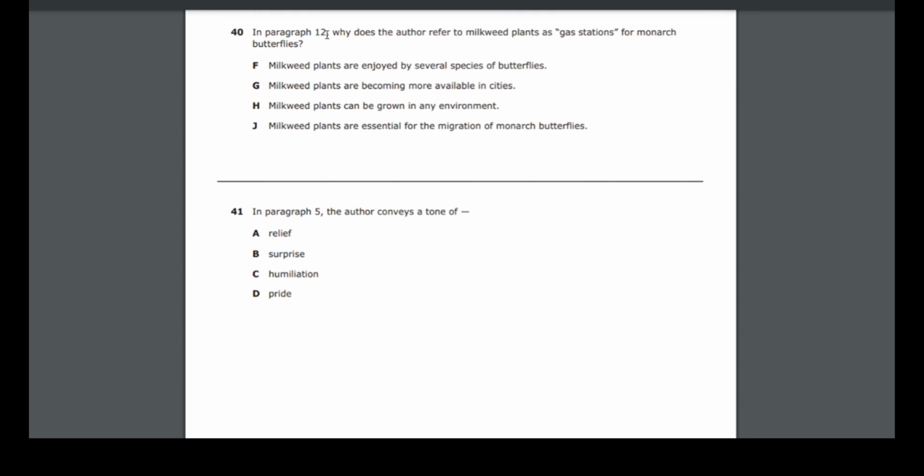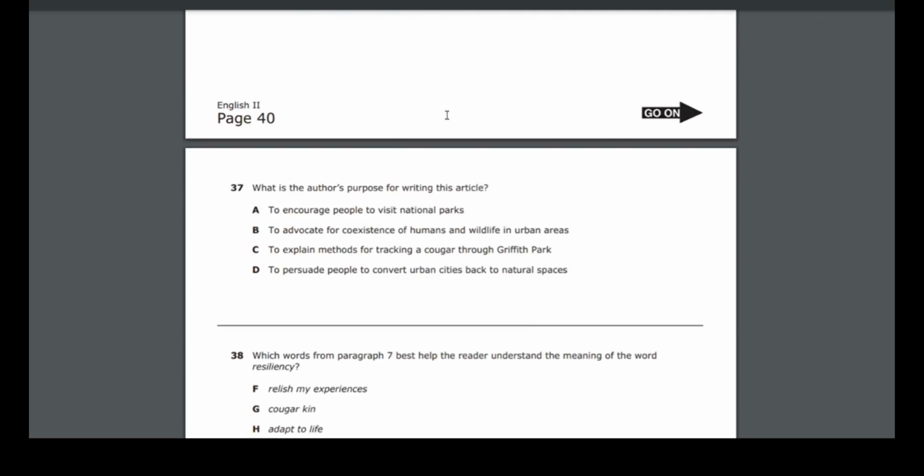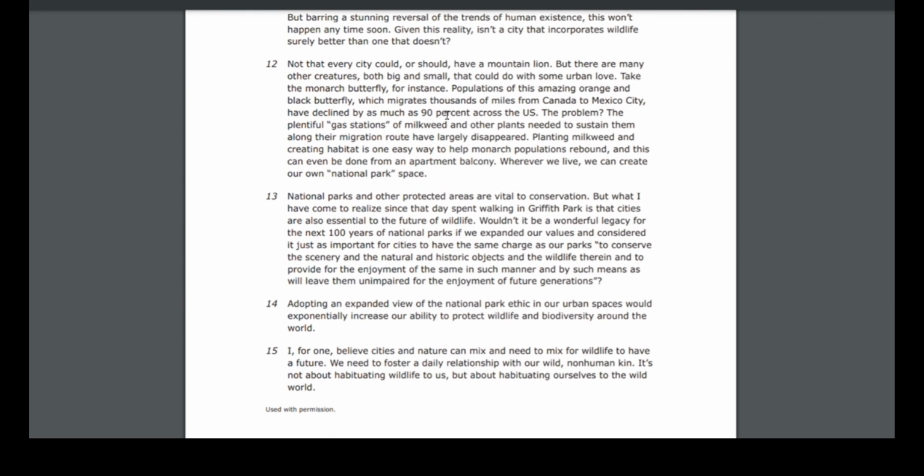So in paragraph 12, we need to look for milkweed plants as gas stations. So we go to paragraph 12, and we go straight to where it says milkweed. The plentiful gas stations of milkweed and other plants needed to sustain them along their migration route have largely disappeared.